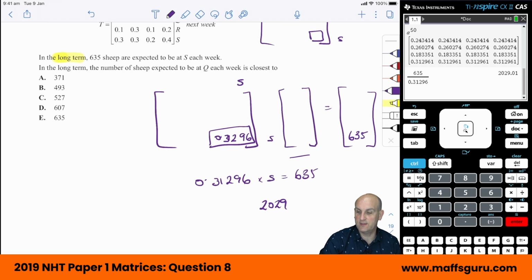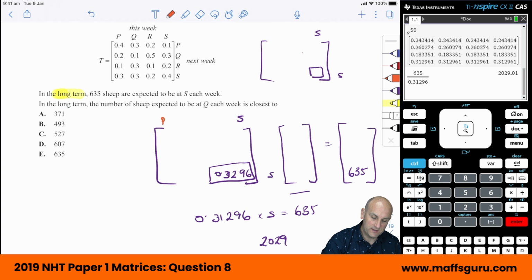All right, so we know there's 2,029 sheep in total, which means that we can use that information now to get the expected number of Q each week. How are we going to do that? Well, what do we need to do? So we got P, Q, R, S, P, Q, R, and S. So we are looking for that figure there, which when I look on my calculator gives me 0.26027.